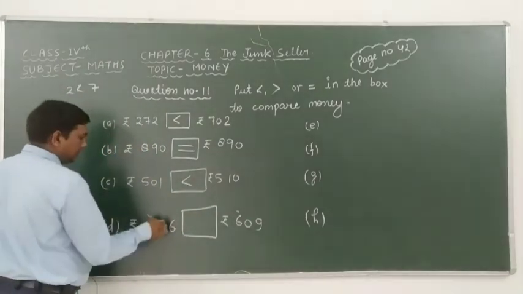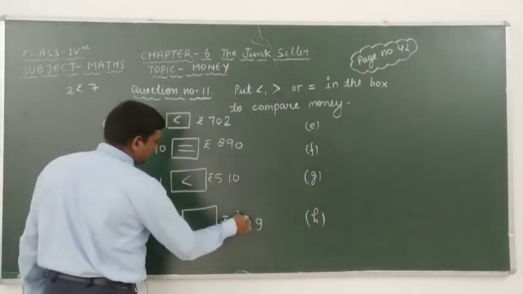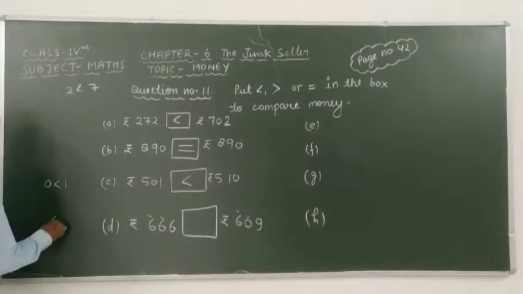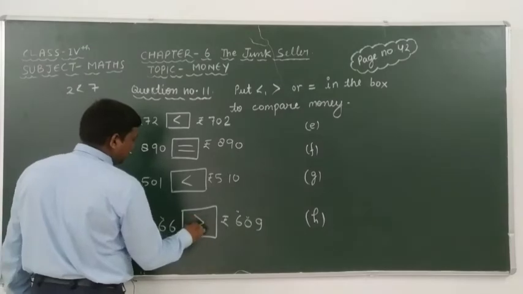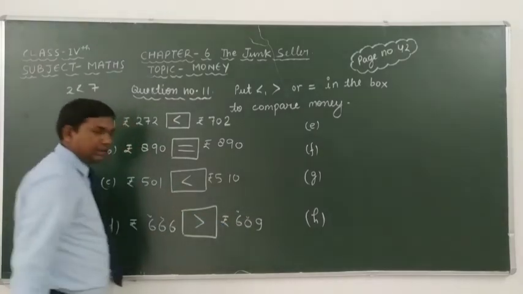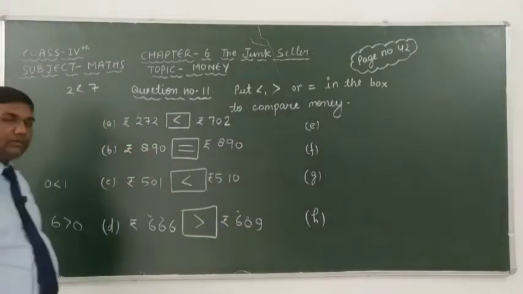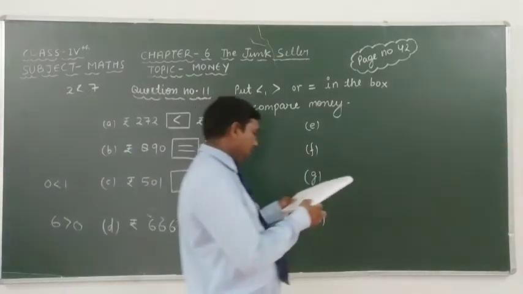Okay, and next here given that 6 and here given that 0. We know that 6 is greater than 0. Okay, therefore rupees 666 is greater than rupees 609. Understand?